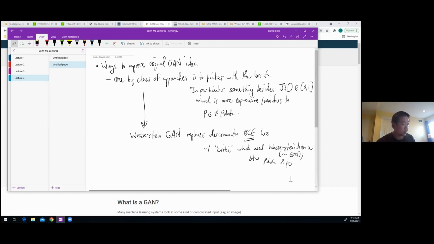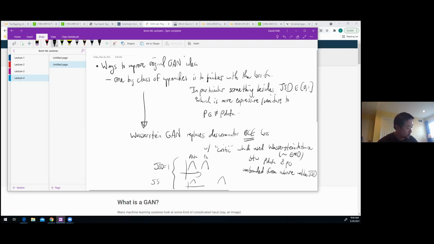And the main property of this Earth mover or Wasserstein distance that is important for this, the reason it improves things, is that it's unbounded from above, unlike JSD. So the Earth mover's distance is sensitive to this: if this was P data and P generated, both of these would have JSD equal to 1, but they would have different Earth mover's distances.